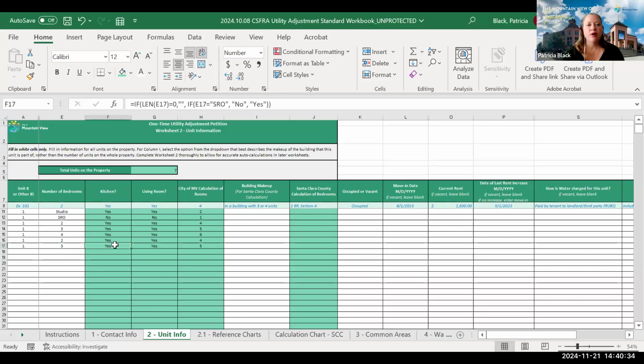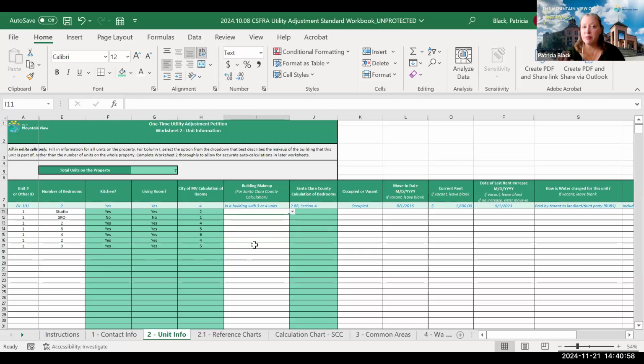And that means that we're adding in kitchen and living room. And then that gets us to our total calculation of rooms for the unit. So in this case, we have a 3-bedroom plus a kitchen plus a living room, which means that we have 5 rooms in that unit. This is all going to do that work for you, okay?